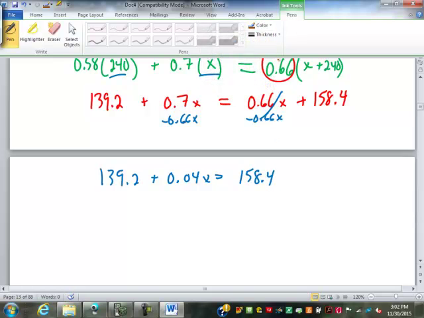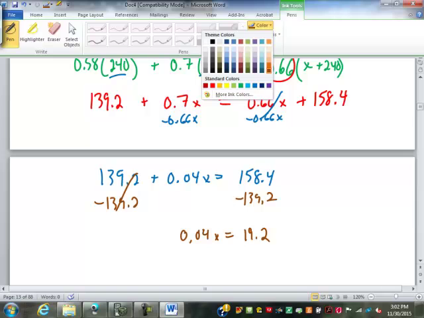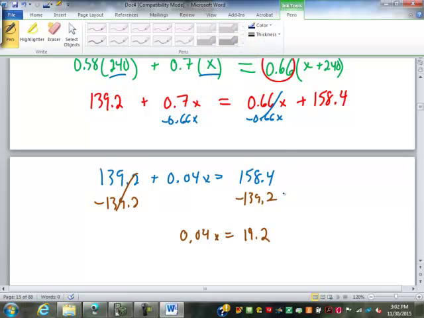Then subtract 139.2, so 0.04x equals 19.2.